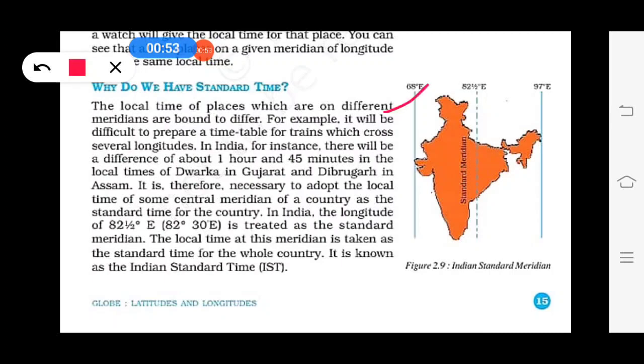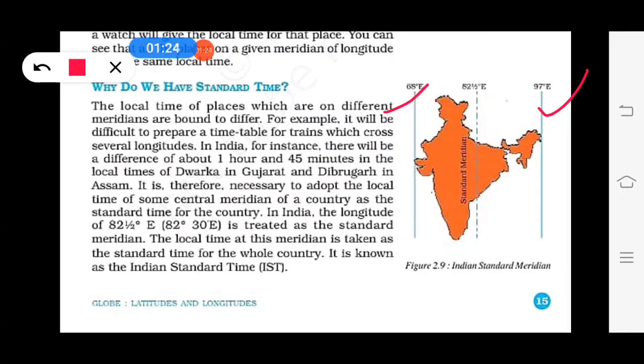There is a difference of about 1 hour and 45 minutes in the local timings of Dwarka in Gujarat and Dibrugarh in Assam. Thus, it will be difficult to prepare a timetable for trains which cross several longitudes, isn't it?